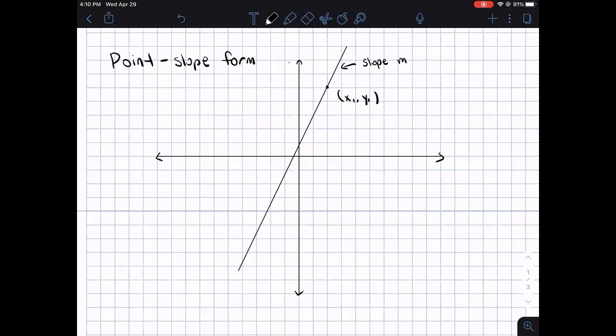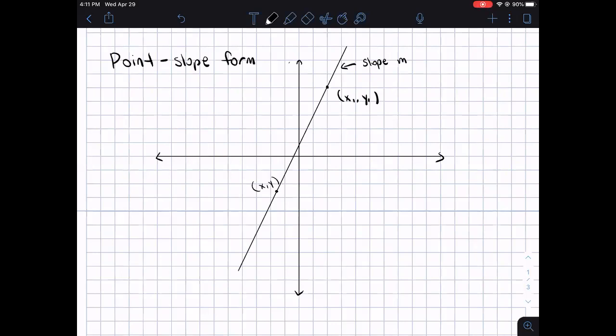Now, an equation of a line: we have a point x, y, and we want to be able to determine if it's on this line. To know this, the slope between x, y and x1, y1 must be equal to m, because that's the slope.